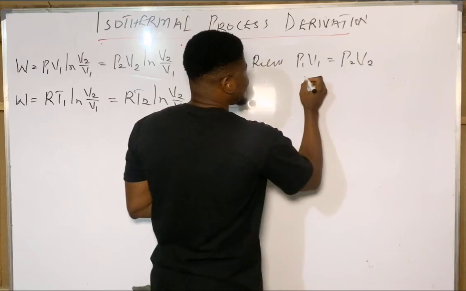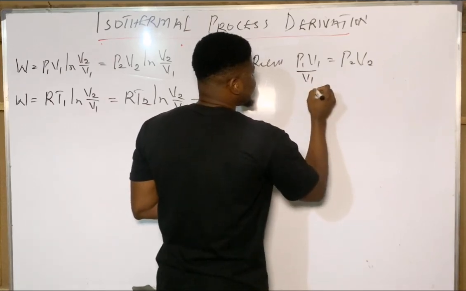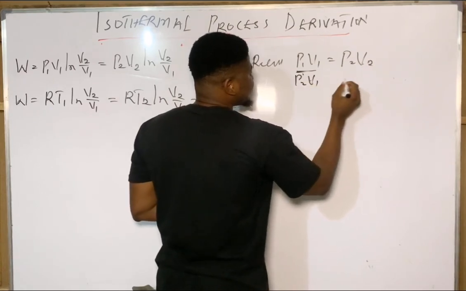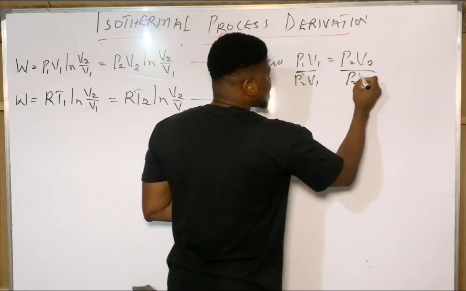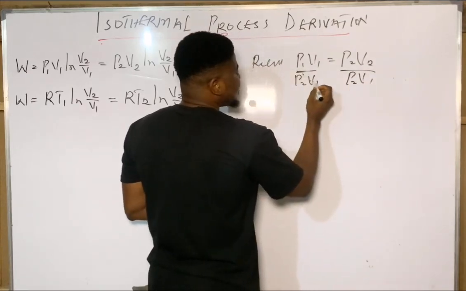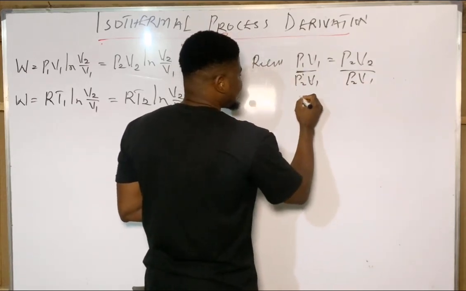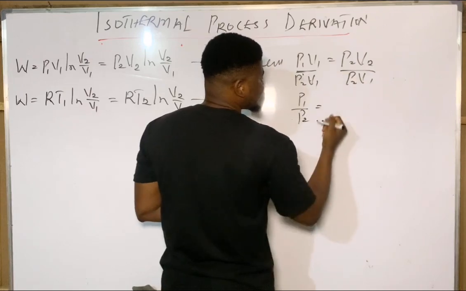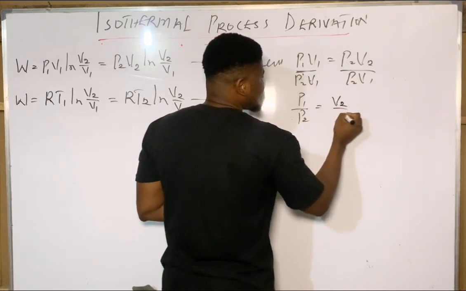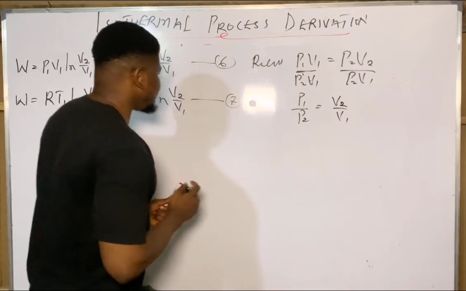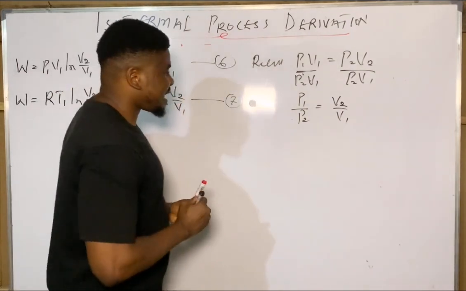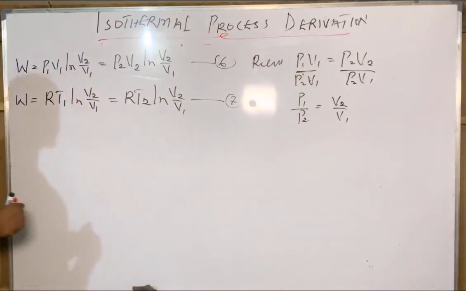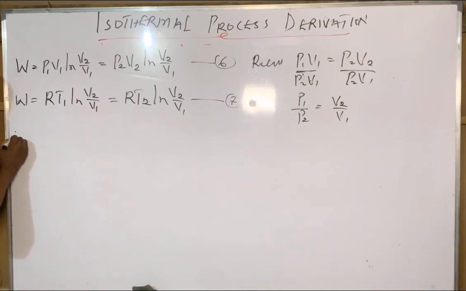If we divide by P2 V1, V1 cancels here, we have P1 over P2, and this is going to be equal to, P2 cancels out here, V2 over V1. So which means this ratio V2 over V1 can also be represented as P1 over P2.